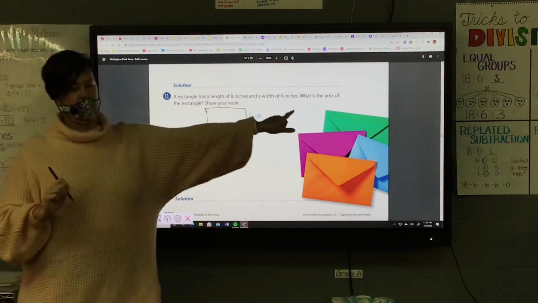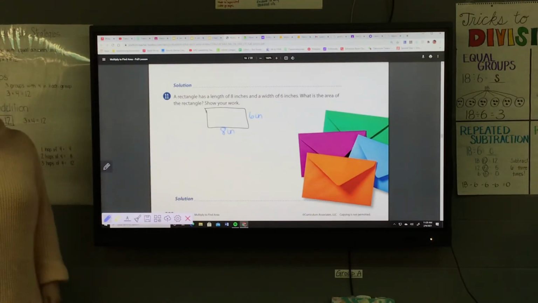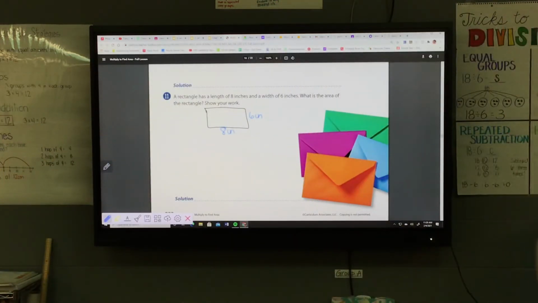Read the question with me. What is the area of the rectangle? Show your work. Go ahead and show how you would solve for the area of that. This is when it's really handy to know your multiplication facts again.